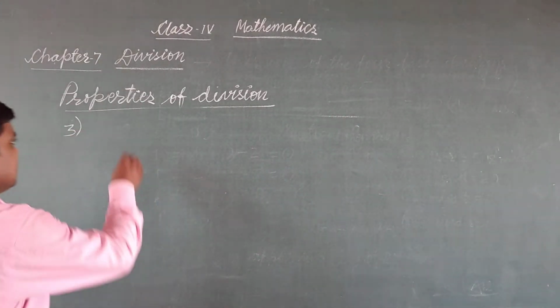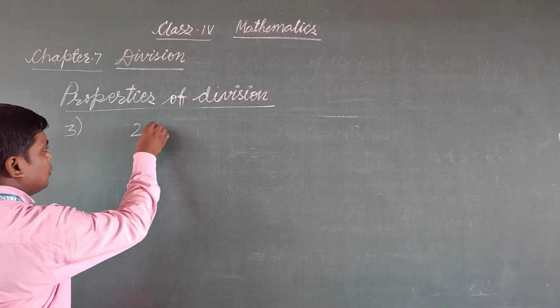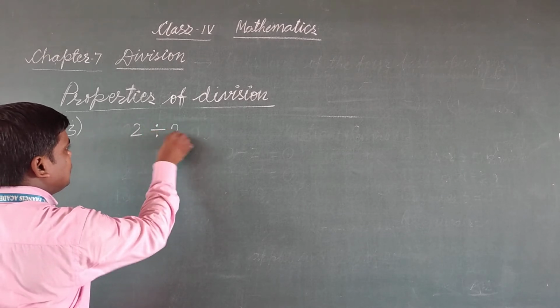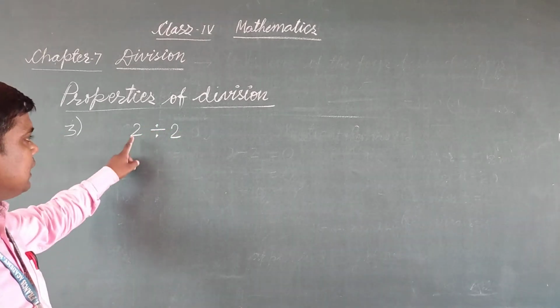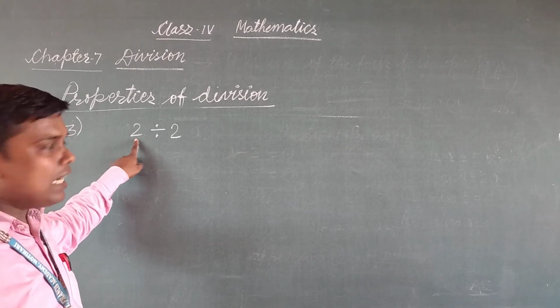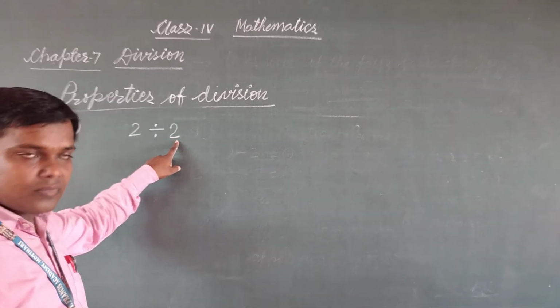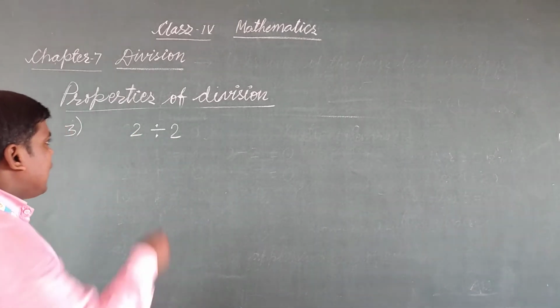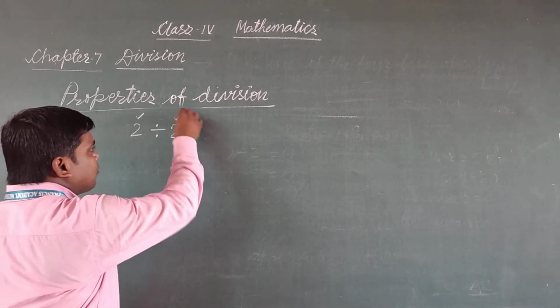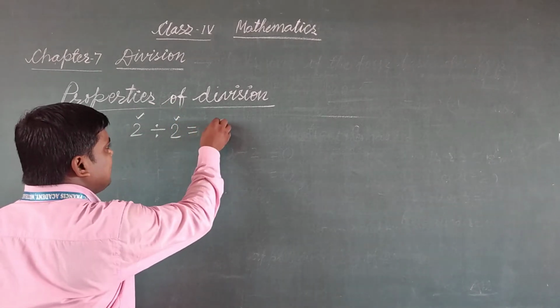Example: 2 divided by 2. This is the dividend and this is the divisor, both the same, so our quotient will be 1.